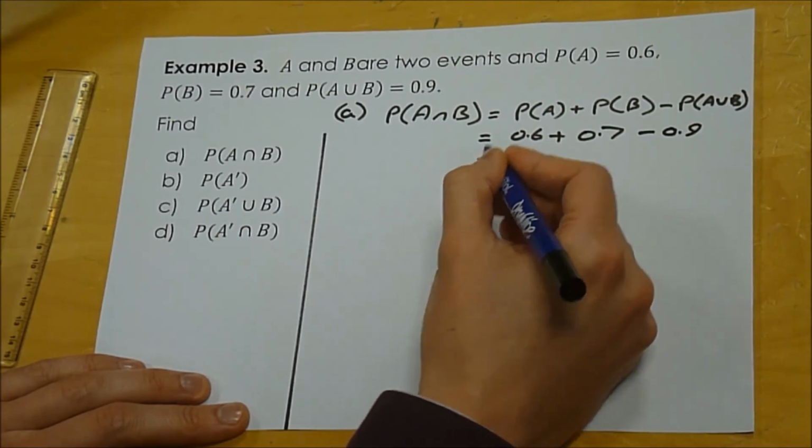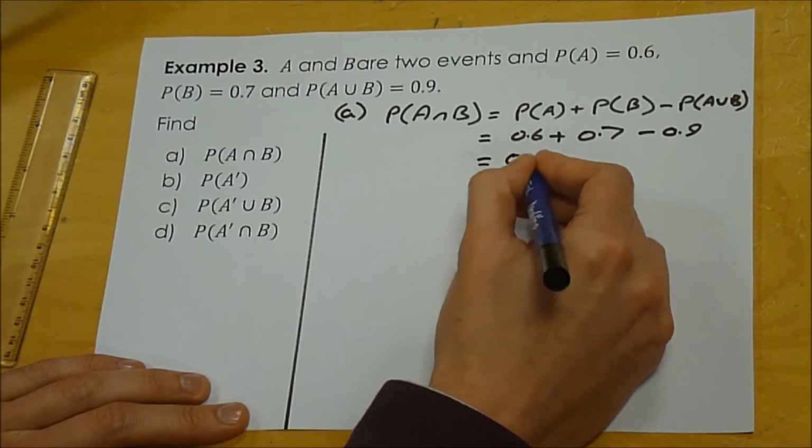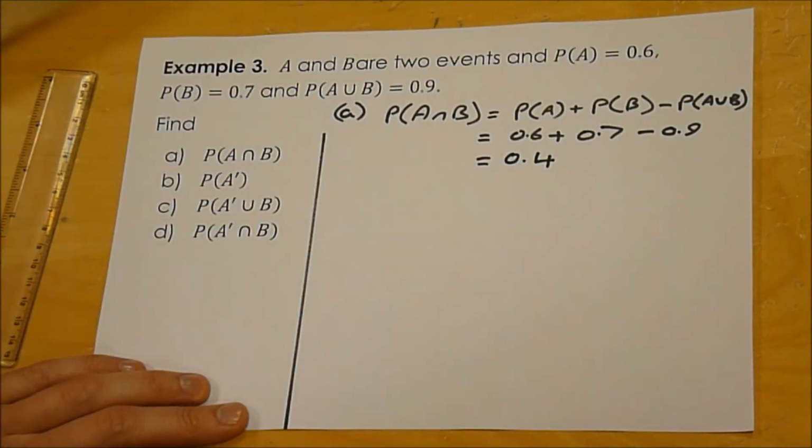That gives us the probability of A and B occurring, both happening, is 0.4. Alright, so that's part A.